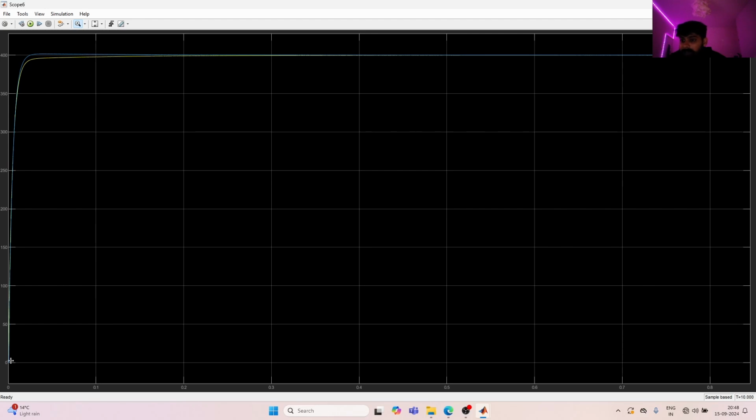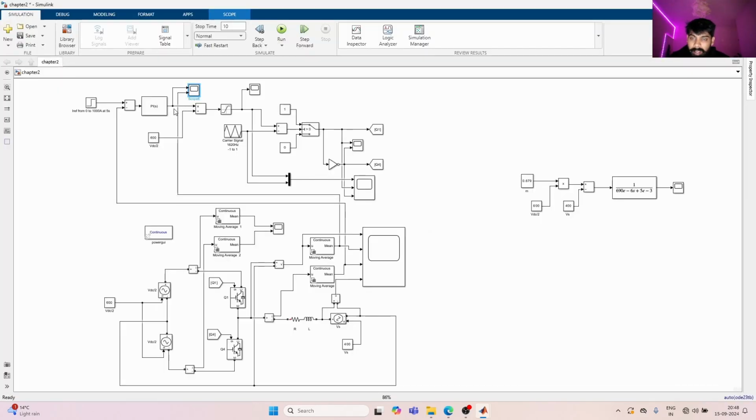It starts from 0 and goes up to 400, and then it follows our current reference value, that is 0 amperes, right? So the output of this compensator is 0 initially, and that's why the system starts from a lower voltage, but our source voltage is 400 volts from the beginning itself, right?